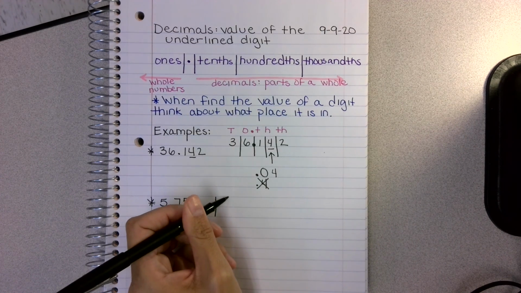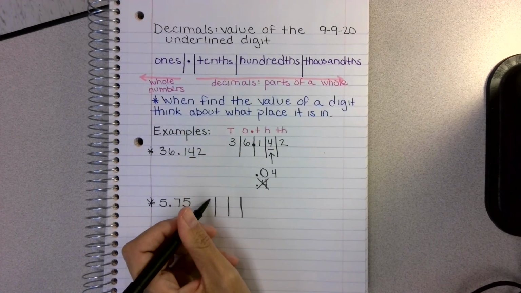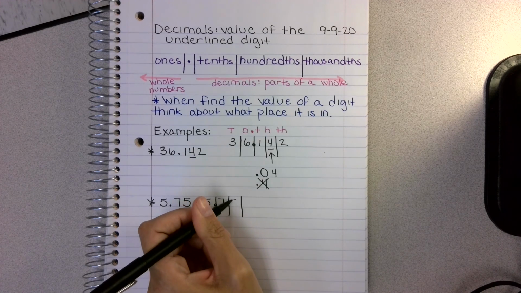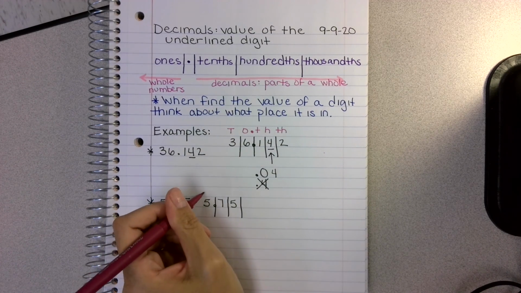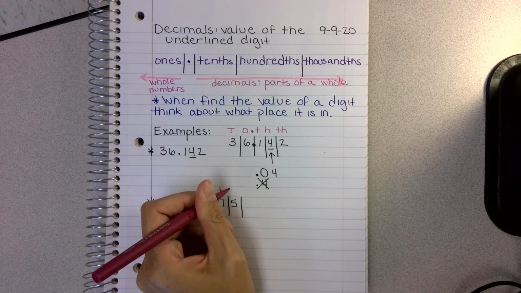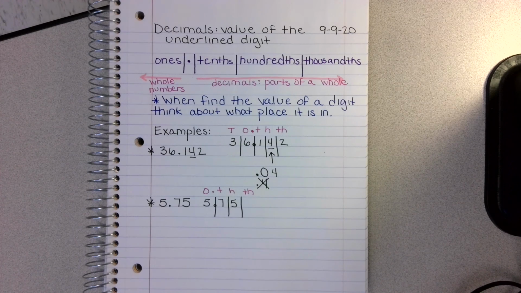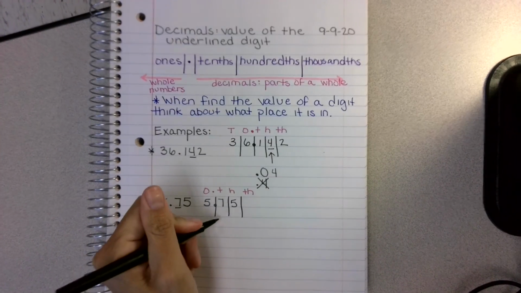All right, I'm going to do my place value chart again. So 5 and 75 hundredths. Okay, so I'm going to write my ones, my decimal, tenths, hundredths, and this would be my thousandths, but nothing's in that place, but I'm just going to practice writing it. All right, the number that I'm going to focus on is the 7.